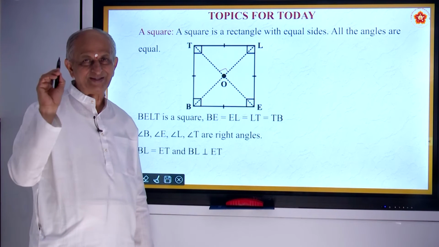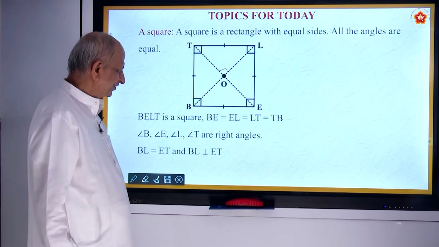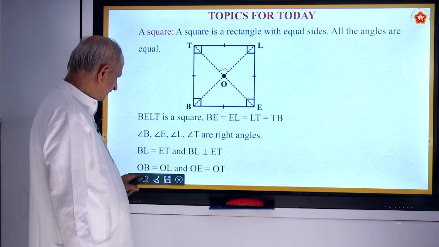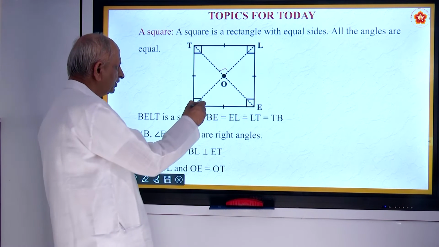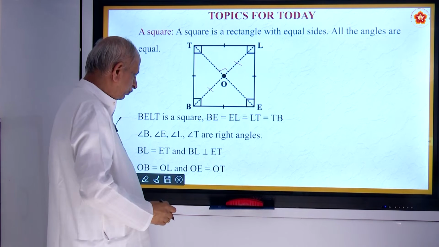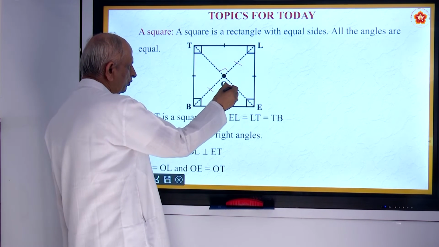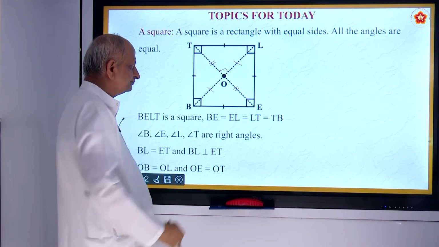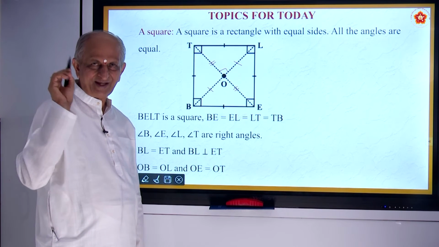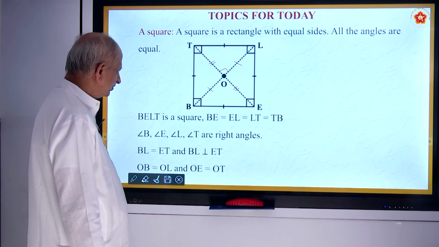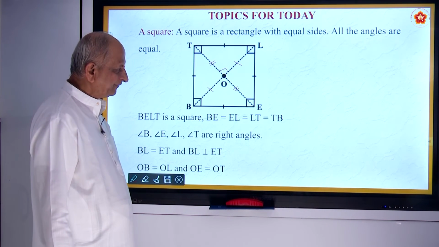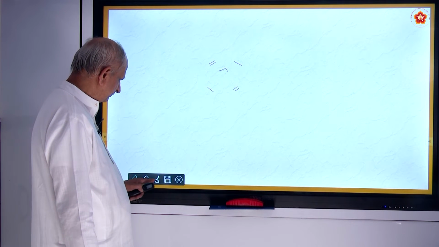So, this is a very, very special kind of quadrilateral, okay, with 4 sides. And lastly OB is equal to OL and OE is equal to OT. Means the two diagonals bisect each other at right angles, that is the meaning. So, these are some of the properties of square which some of you already know, but just for reference it is shown like this.